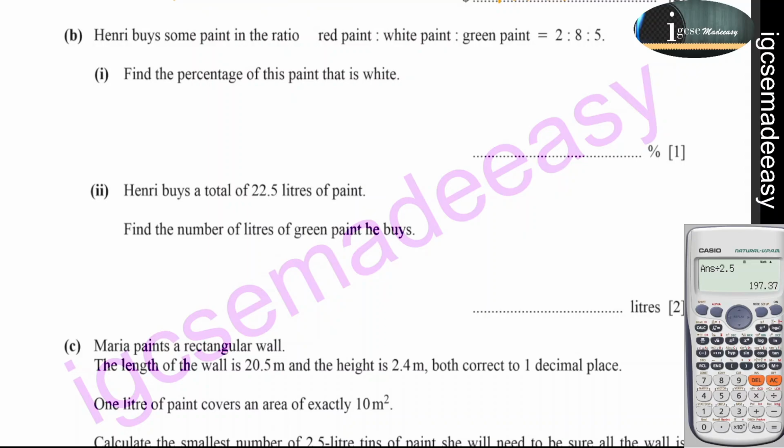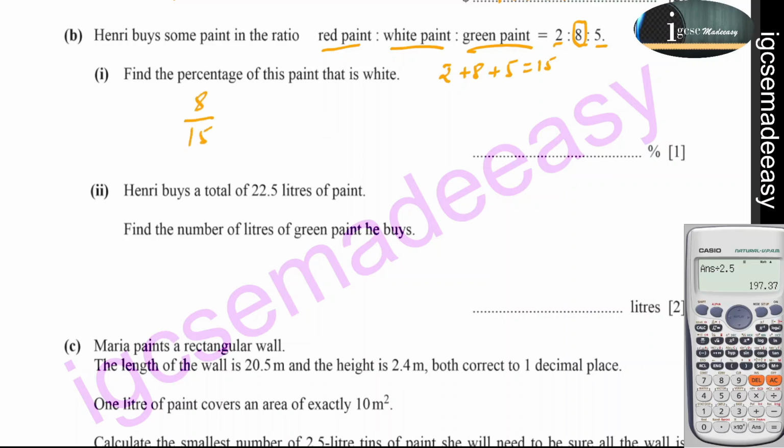Part B. Henry buys some paint in the ratio white paint, green paint, red paint. White paint and green paint are in the ratio 2, 8 and 5. Find the percentage of this paint that is white. So we have to focus on the white ratio. Let us find the total ratio of the paint. The sum of the ratio is 2 plus 8 is 10, 10 plus 5 is 15. So out of the 15 ratio, 8 is for white.